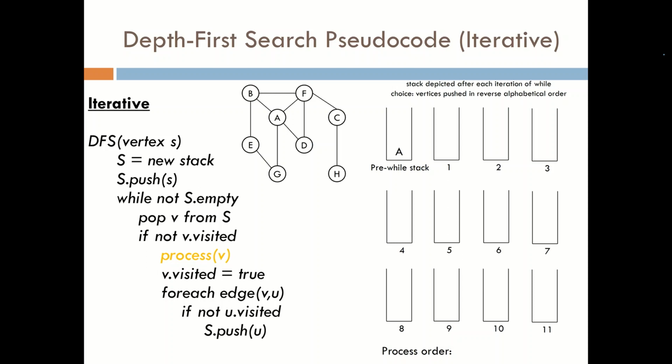We will list the processing, which is a result of the statement that's highlighted, on the bottom right of the screen to show the actual order in which things are being processed. So then, without further ado, let's move on to this example.